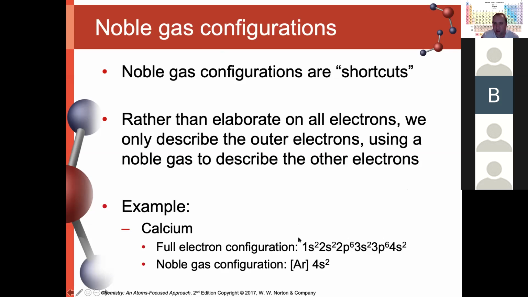If I compare that here, what I would find is that this part of the configuration that's boxed in is the same as the electron configuration of argon. And so instead of writing all of this out, I'm just going to write in brackets argon to represent these first 18 electrons. And then I'm going to write about the stuff that's interesting, the stuff on the outside, the stuff that could change, that actually interacts.